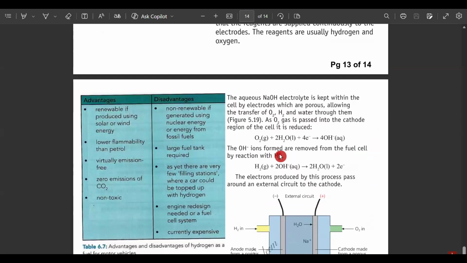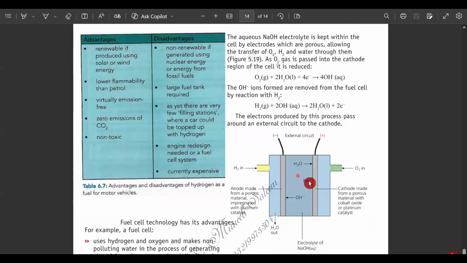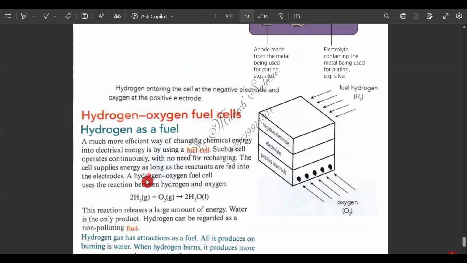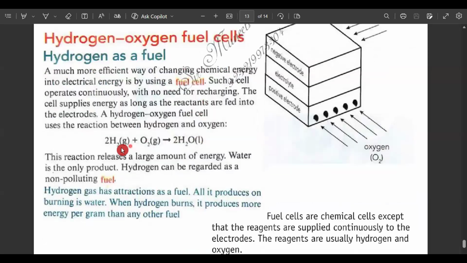So you will be thinking this hydrogen oxygen fuel cell is working as an electrolysis, because in electrolysis we have a similar construction of electrodes and electrolyte. But the thing is, here there is basically a combustion reaction. The hydrogen is being combusted with the oxygen.